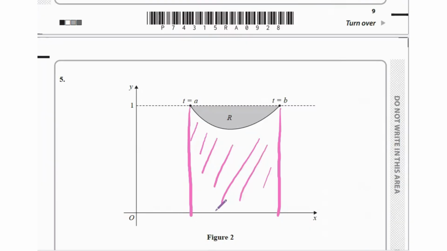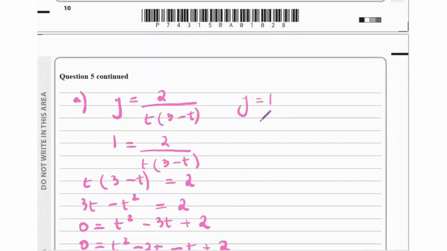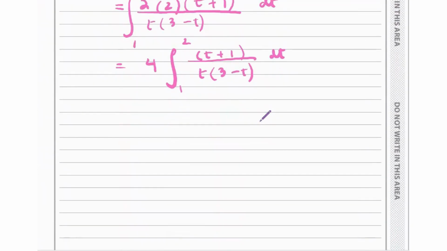So for the rectangle with the dimensions, we know this distance is 1, but we don't know what this distance is. To find this distance, we put t equals 1 and t equals 2 in the x equation to find the x values, and then subtract those to find the other dimension. So basically, x is t squared plus 2t.